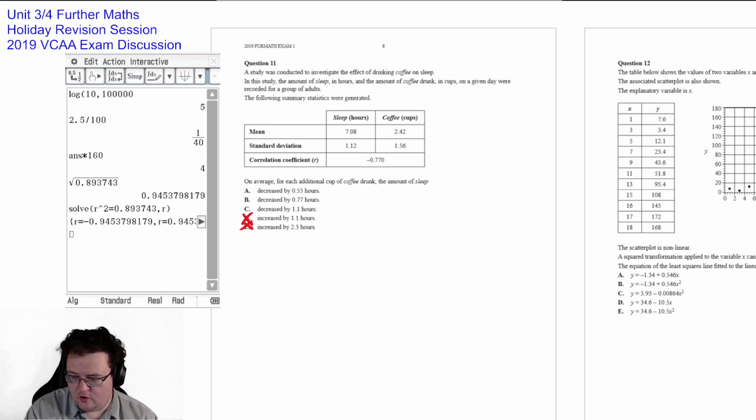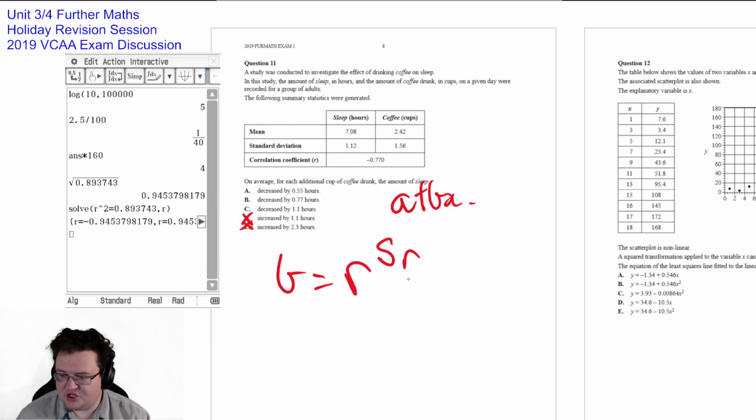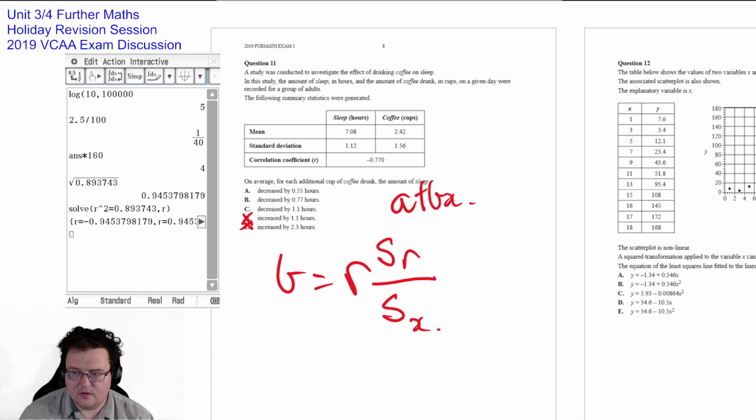What we need to do is find the equation for the slope of a line that we need to remember. If we're thinking about a plus bx, B is equal to r, the standard deviation of the response variable, divided by the standard deviation of the explanatory variable.